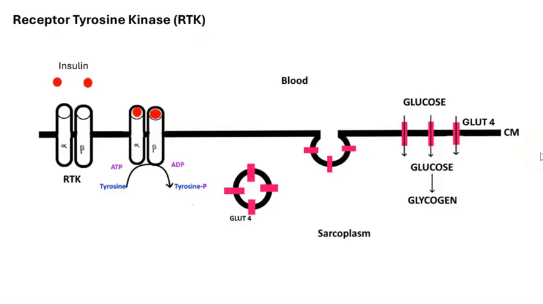So insulin is traveling through the blood from the pancreas in response to high glucose levels, the blood being here. And here we have the receptor tyrosine kinase. So this is the receptor molecule, and two insulin molecules are required, and this causes the RTK to combine together.